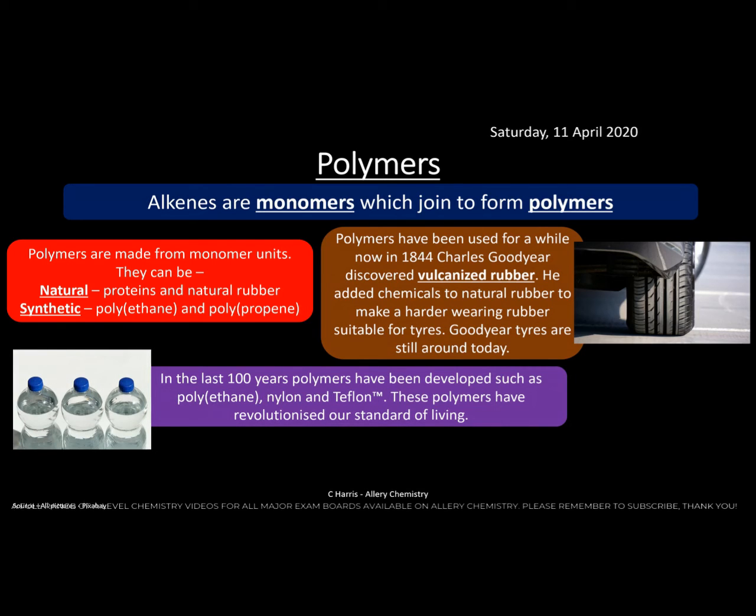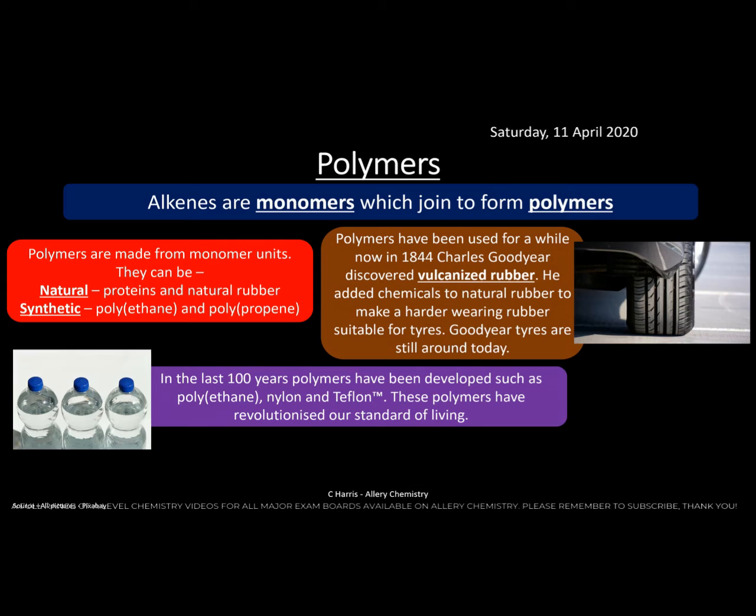So over the last 100 years, polymers have been developed quite dramatically. There's been a lot of advances in science on this, and we formed substances such as polyethylene, nylon, Teflon, for example, and these polymers have absolutely revolutionized the way we live and work. So it's thanks to plastics that we have some of the products that we have today.